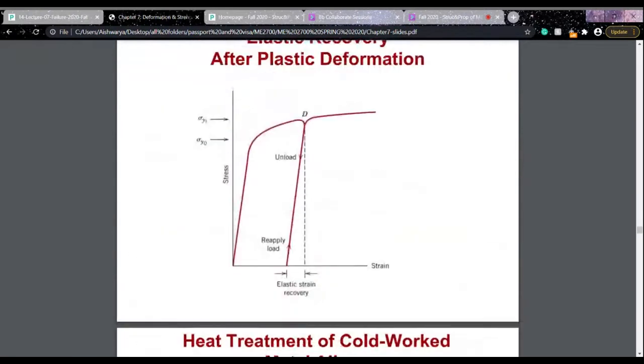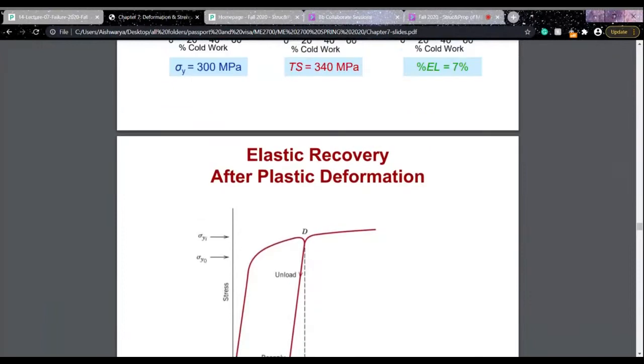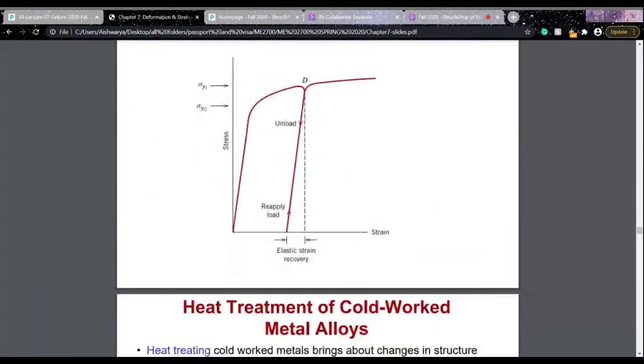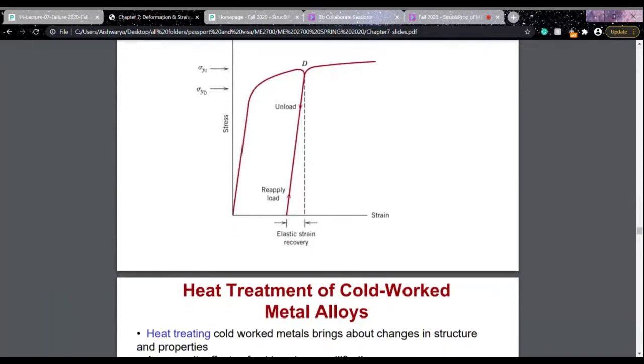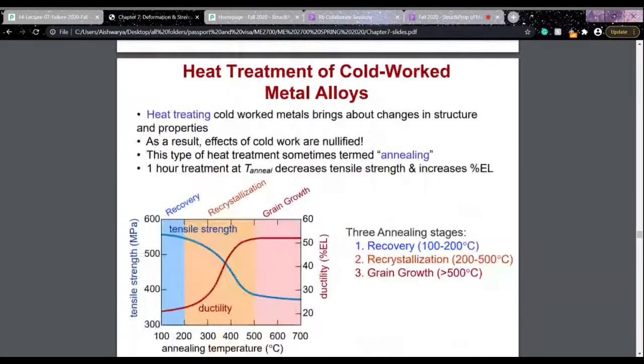And then we have the process of heat treatment. When you do heat treatment, it is like recovering the material. All the previous cold work, or the change in the structure and strains induced in the material, can be removed by giving a treatment called annealing.